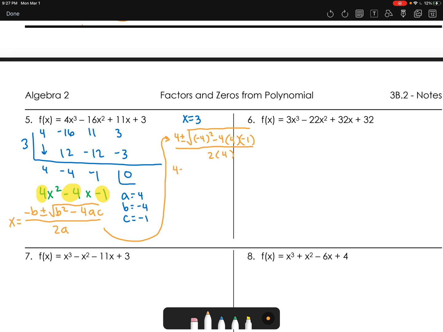So this simplifies to 4 plus or minus the square root of 16 plus 16 over 8, which is 4 plus or minus the square root of 32 over 8.